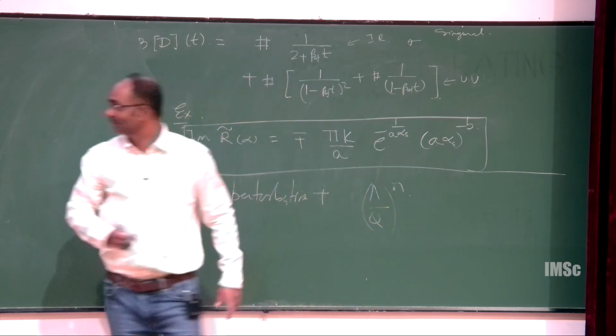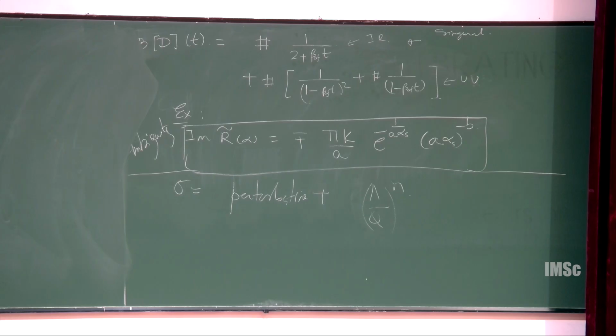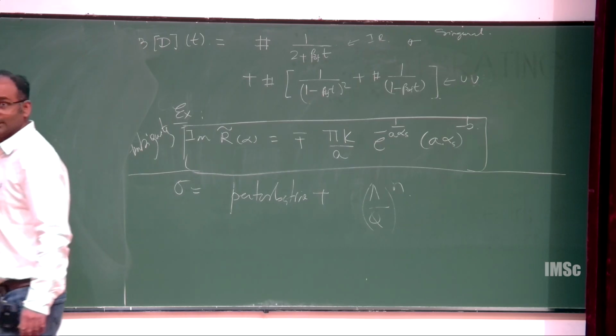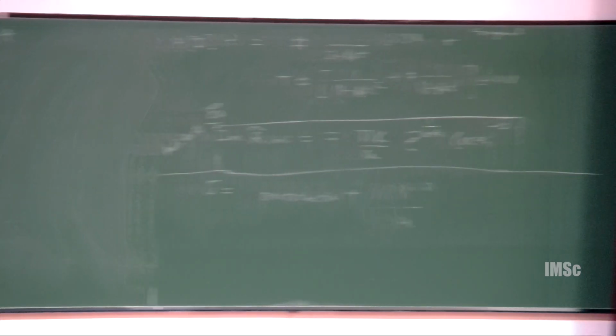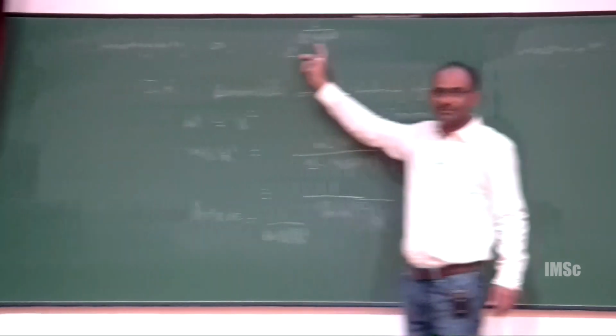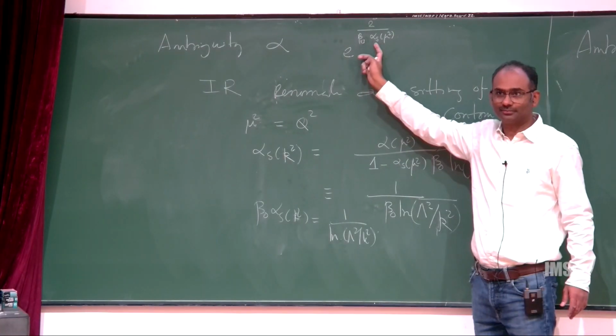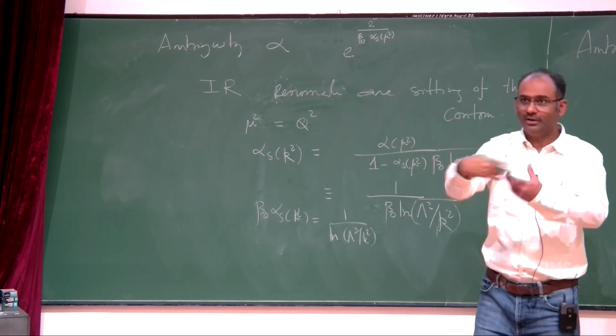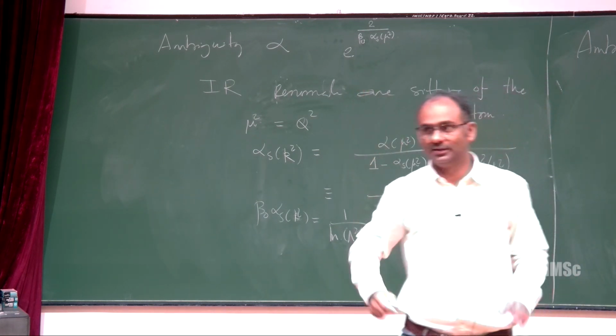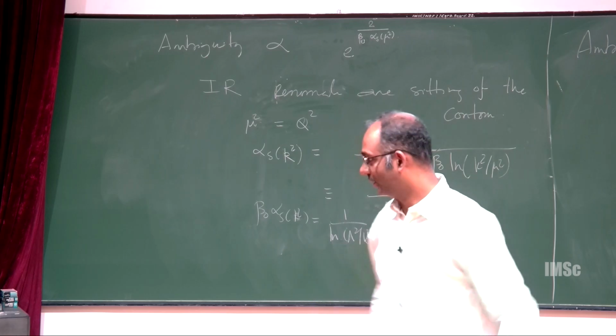So you see here, this is what is giving that form, but this does not have a power series expansion. You cannot expand it around alpha equal to 0. So this has an essential singularity, and when you are doing a perturbation series, it is a power expansion. So that is how I was connecting it.